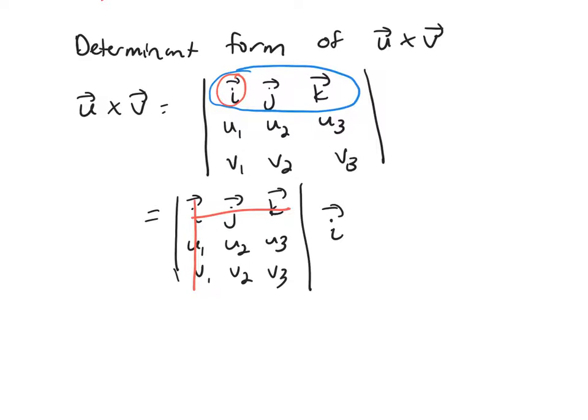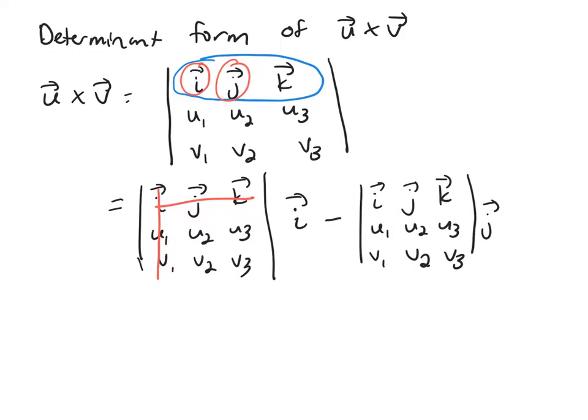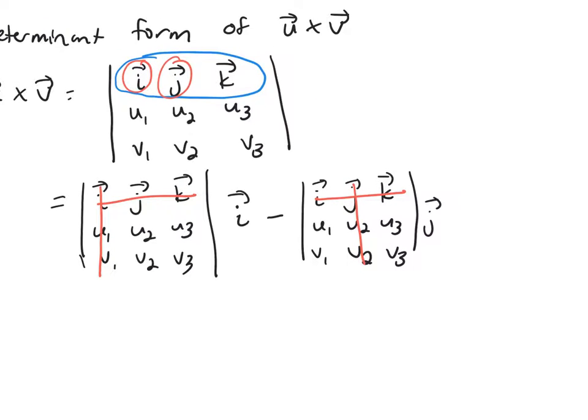Now our next one is j. We have a minus here in the formula. Copy down i, j, k, u1, u2, u3, v1, v2, v3, and delete the row and the column that had j in it. And the very last step, we go to this entry k. Now it's a plus.